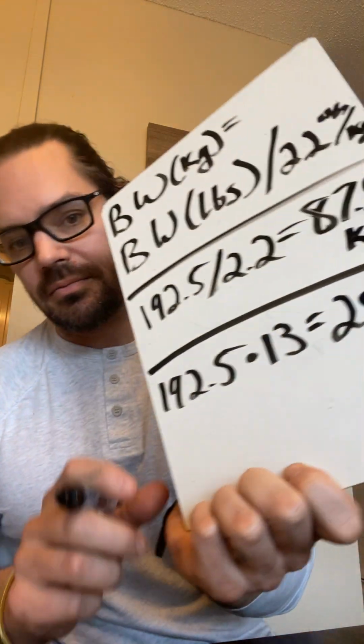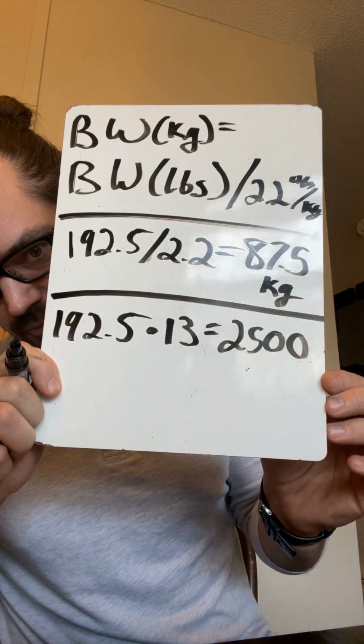You can do decimals. I think I took 13. If you do my math and it's different, I picked a different number. But I think I did 13. That will equal your calories per day. For me, I got 2,500 calories I need per day. So we want to remember that number, 2,500. So I'm going to erase this.